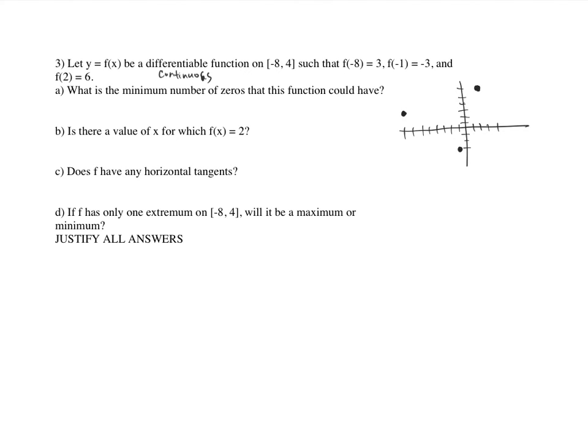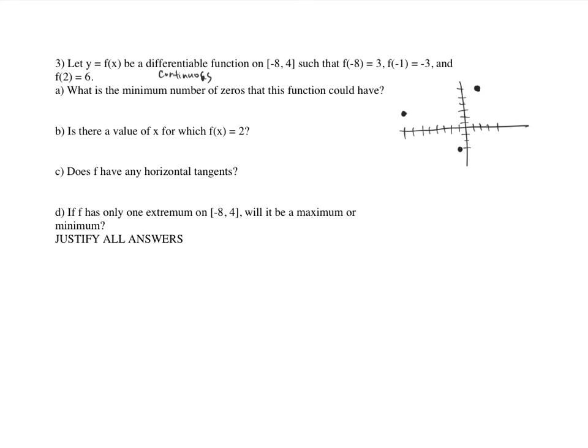Again, it's continuous. So we think of IVT. In this case, I have to go from this -8 value all the way over to here. So that means I got to connect this point to this point to this point. Well, look at, here's my 0 line. In order for me to get from here to here, this is at f of -8 and this is at f of -1. What must I do? I must cross the 0 line. In order for me to get from f of -1 to f of 2, what must I do?